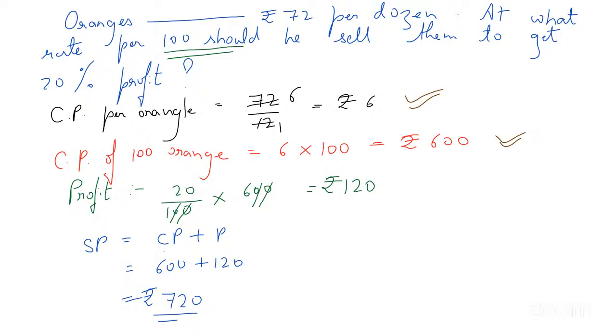Then we have a profit of 20%. We'll find out the actual profit. We have it in percent, so we have to convert it. That is percent upon 100 into cost price. So 120. Now selling price is what? CP, cost price plus profit. So 600 plus 120, we will get 720. Okay, very easy, right?